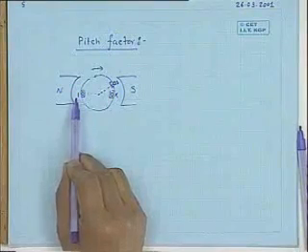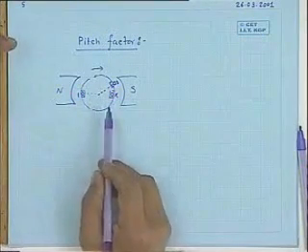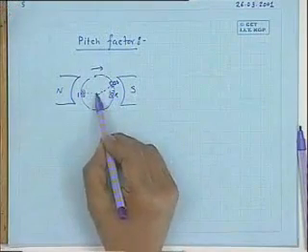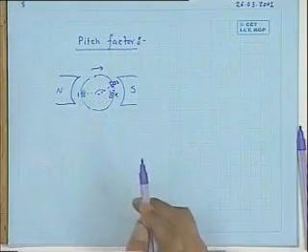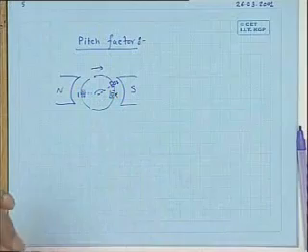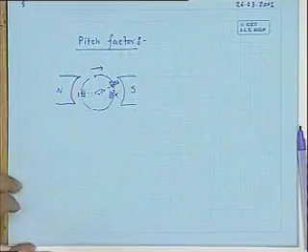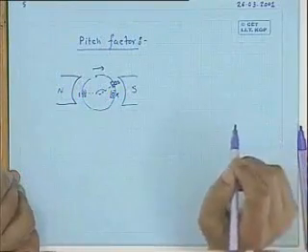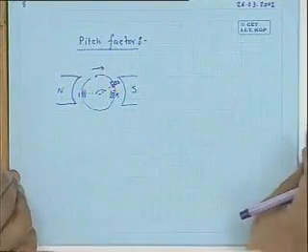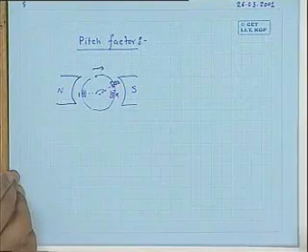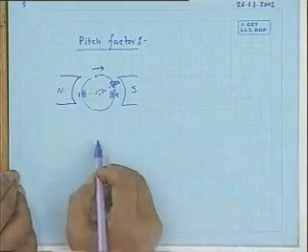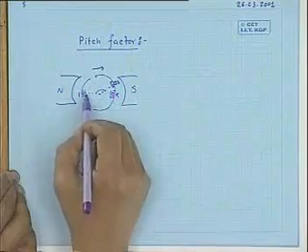Suppose instead of putting one coil side 180 degree electrical apart from the first coil side, somebody has put it by some angle other than 180 degree. Then what will be the induced voltage in that single coil? I will tell you under what conditions these types of coil may be used, but suppose I want to calculate the voltage induced. How will you do it? This is also very simple, not very difficult.